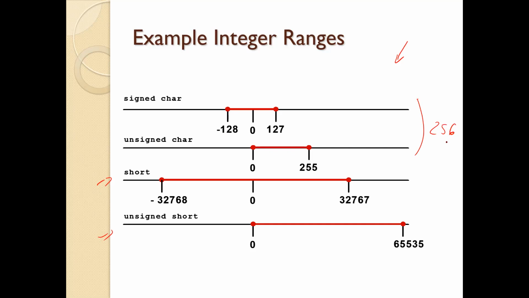individual things. When you do signed, because you're taking that last bit away for the minus or the plus, then you really cannot represent 256 anymore. You can only represent from 0 to 127, except that it can be positive or negative.